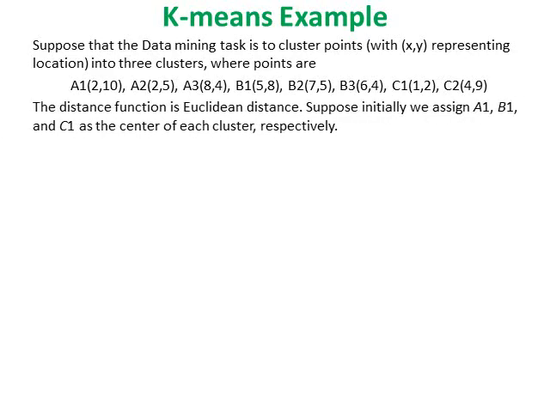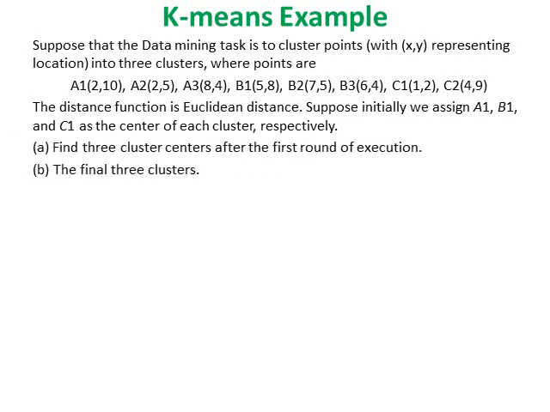The distance function is Euclidean distance. Suppose initially we assign A1, B1 and C1 as the center of each cluster respectively. Use the k-means algorithm to show: first, the three cluster centers after the first round of execution, and second, the final three clusters.